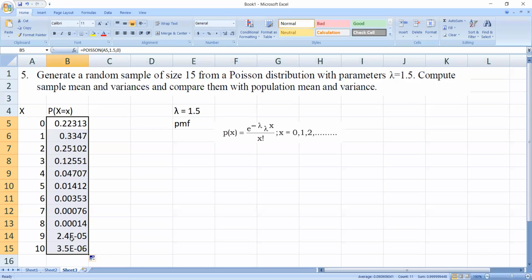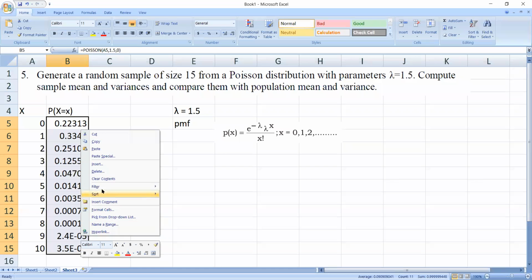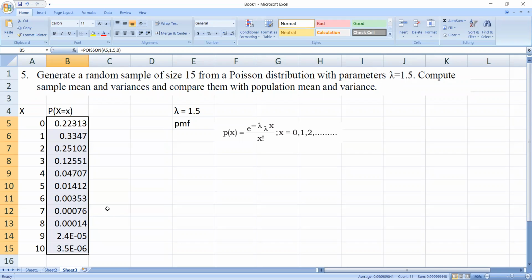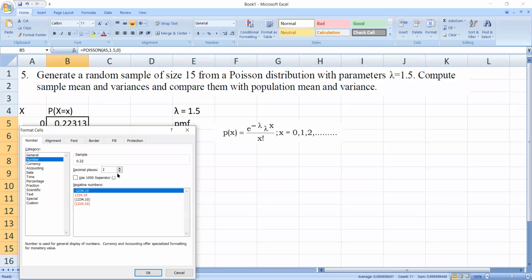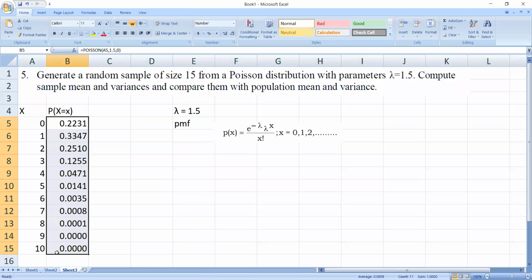You can see that the probability goes to 0 when you have x is equal to 9. So it's enough you take your x values up to 9. So 10 is not required.